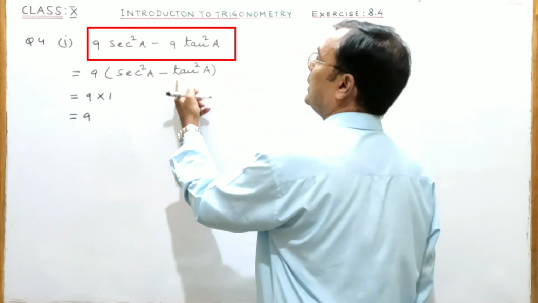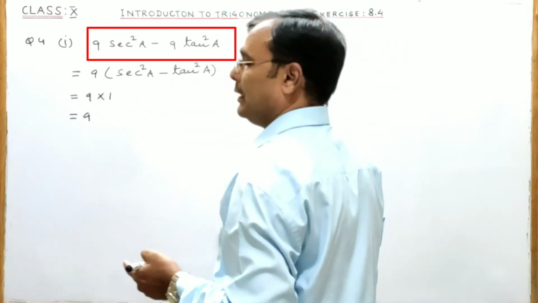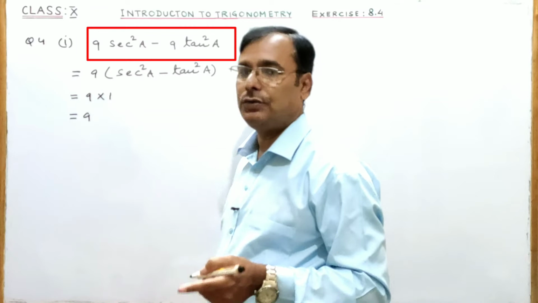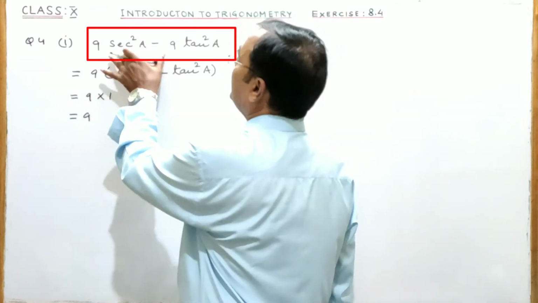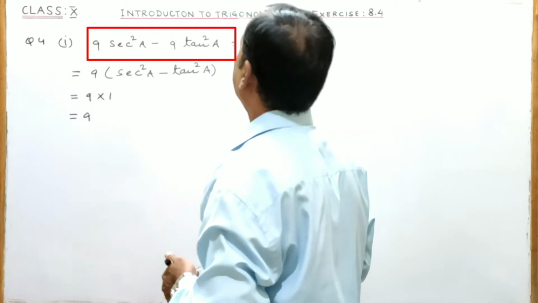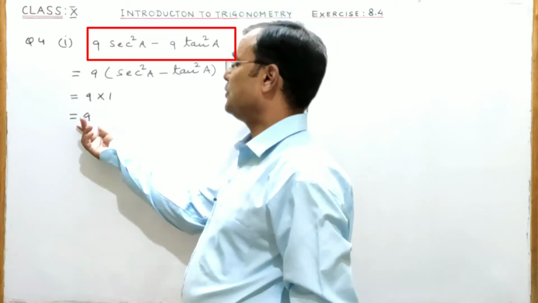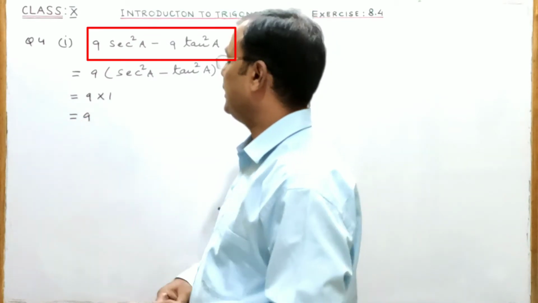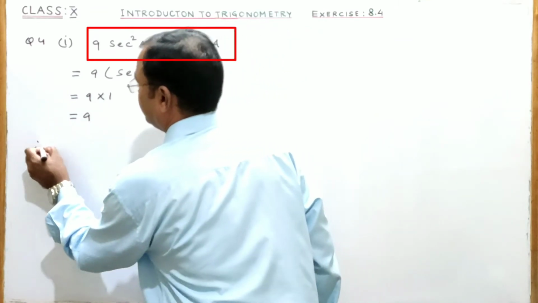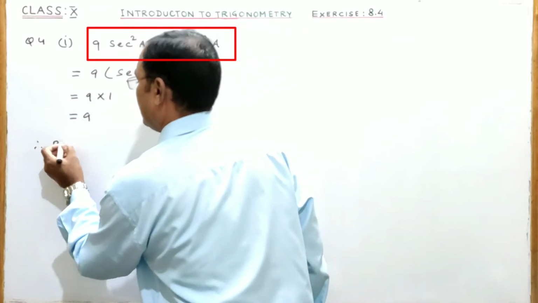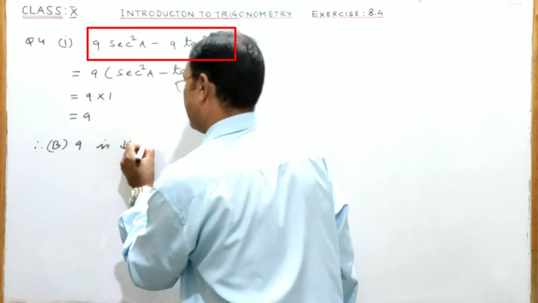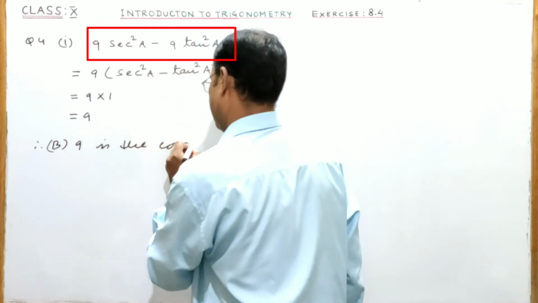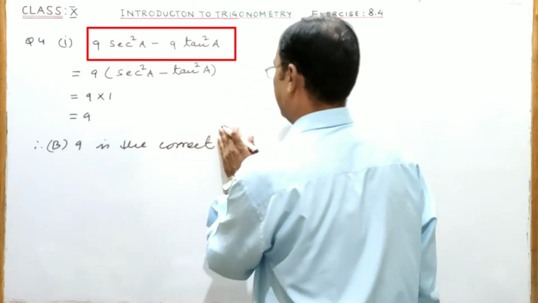That is an identity. So finally 9 sec square A minus 9 tan square A is equal to 9. We have got its value. So therefore option B is the correct option for this question.